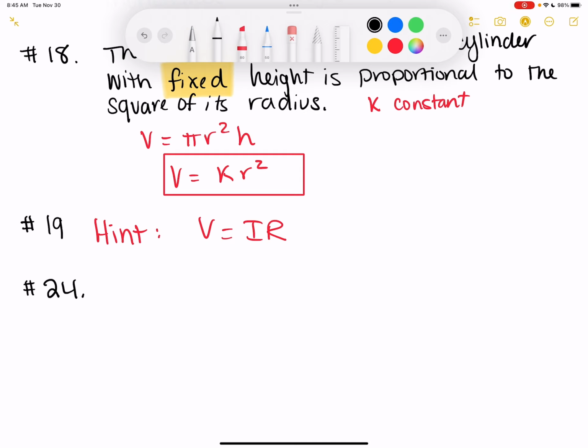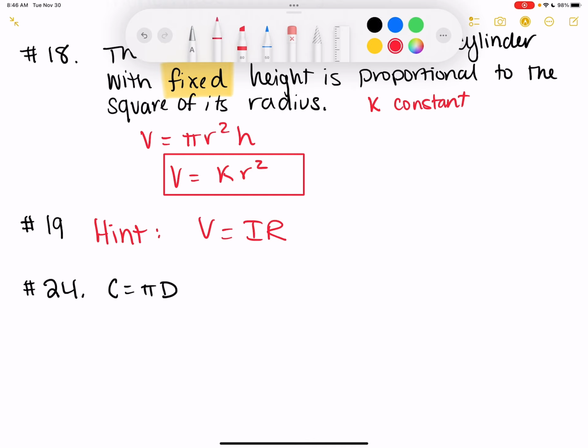I'm going to write out the problem. 24: C is equal to pi d, where C and D are the circumference and diameter of a circle, and pi is the usual mathematical constant. So circumference equals pi times diameter. In mathematical terms, your statement should have the word proportional or varies directly or something like that. C is proportional to pi times diameter.